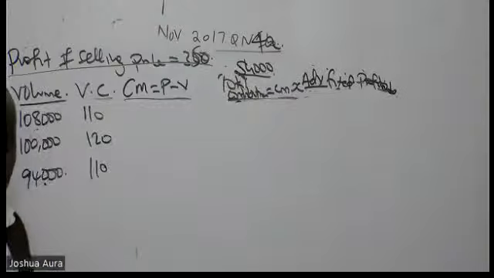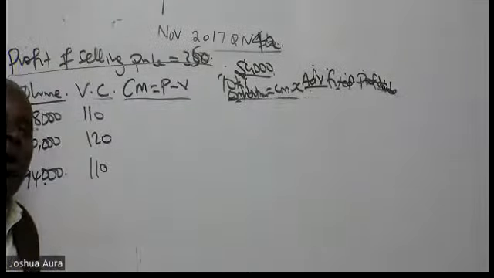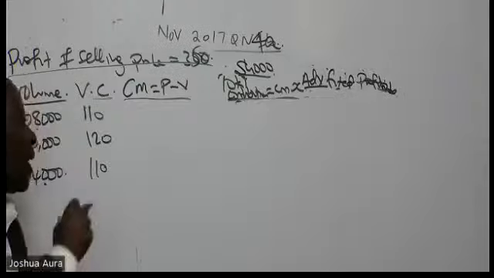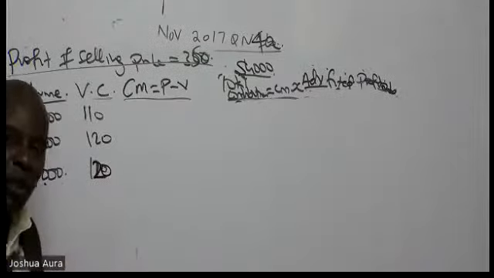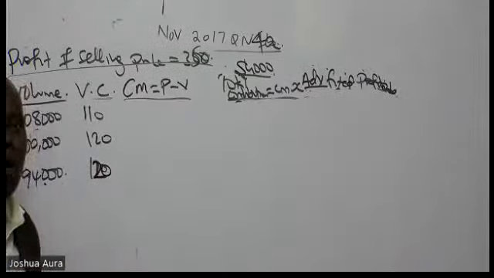All of them are saying 120. You guys are very bright. It's less than 100,000 units, and anytime you produce less than 100,000 units, the variable cost will be 120. Thank you so much. You stood your ground.